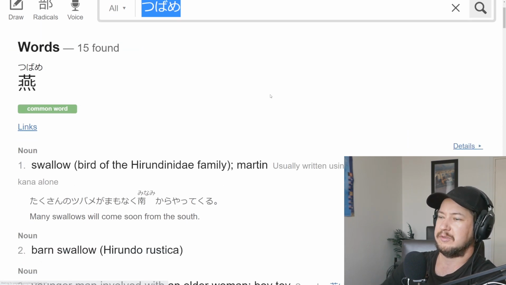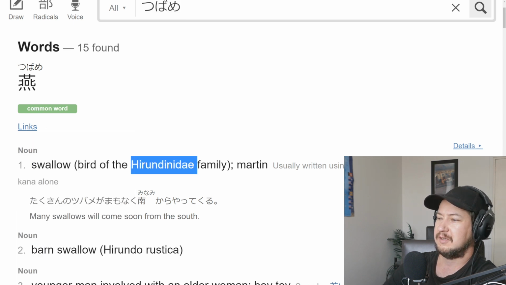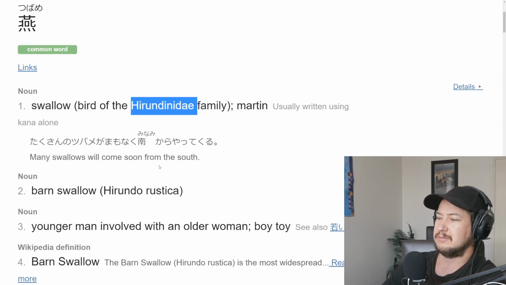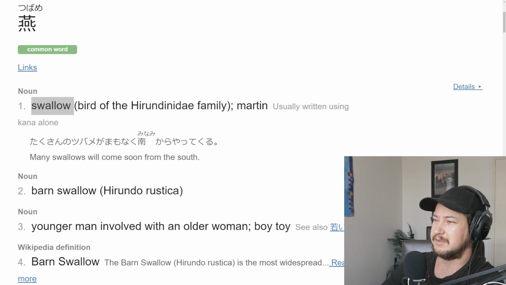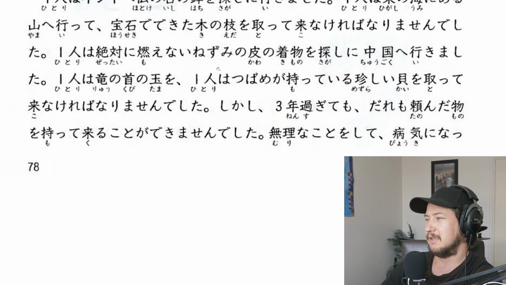Jisho is a bit slow today. Tsubame means swallow. That's a bird. So, ツバメが持っている珍しい貝. 貝 is a shell, like a seashell. So, a rare seashell that had, I guess, a swallow's something. So, 取ってこなければなりません, he had to go and get it.